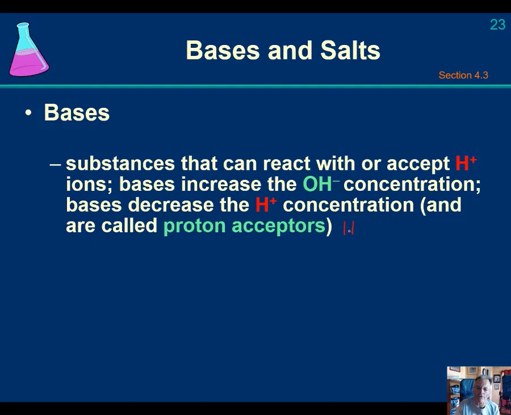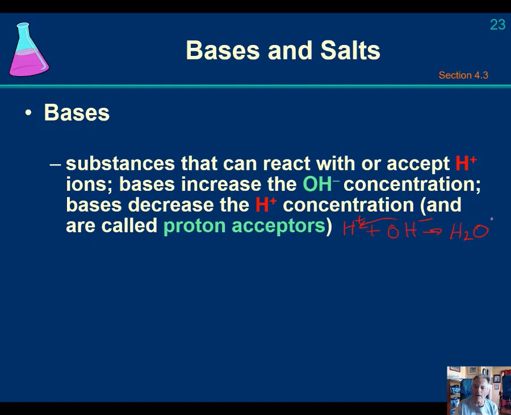Well, here's your hydrogen ion. This is your acidic solution. You pour in some base, it's going to dissociate. This is the hydroxide ion. The hydroxide ion is going to react vigorously with the hydrogen ion, and it's going to make water. So acids and bases neutralize each other.